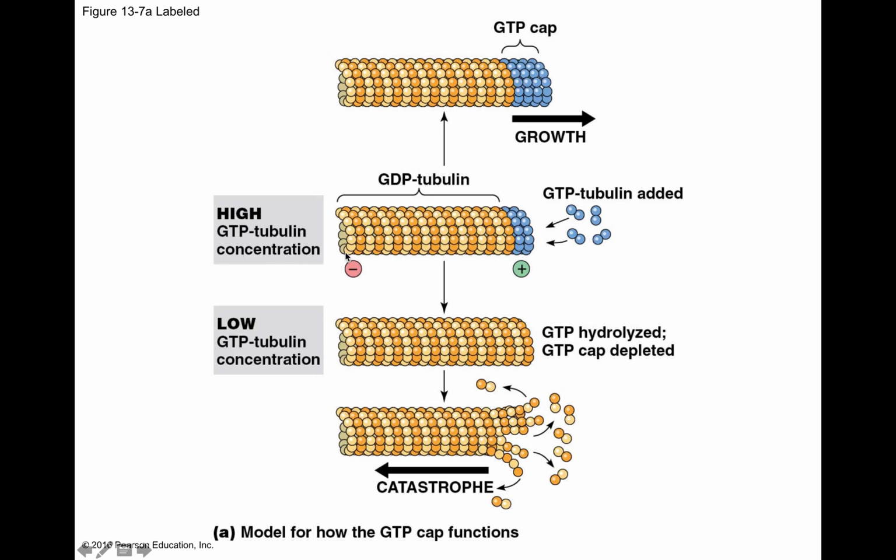It's not that you can't add things onto this end or subtract things from this end, just this end tends to be growing and this end tends to be shrinking. That has to do with the state of GTP, and on the positive end it's more likely that you will find GTP bound to tubulin than on the negative end.